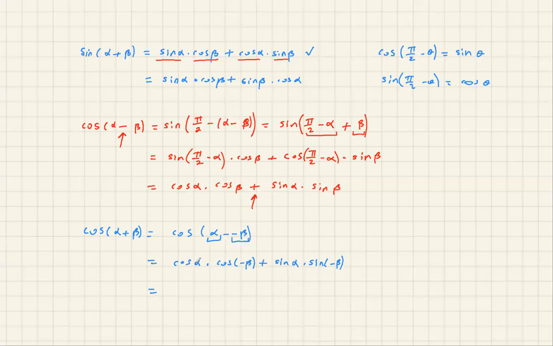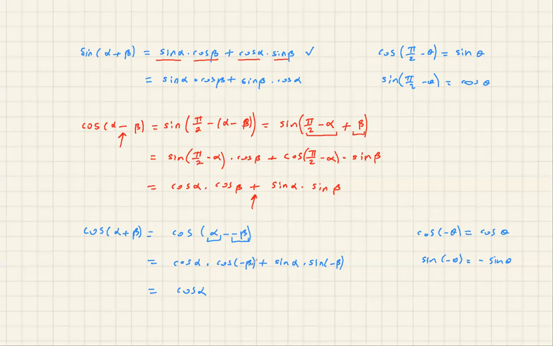Okay, so if I clean this, the cosine alpha is still as it is, but the cosine function was even. So just to remind you, the cosine of a negative angle was the same as cosine of that angle. But when it comes to the sine, or any other function except cosine and secant, we said they were odd functions. So the sine of a negative angle was the same as the negative of the sine of that angle.